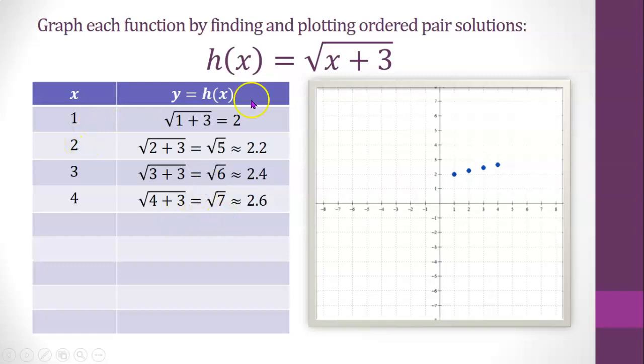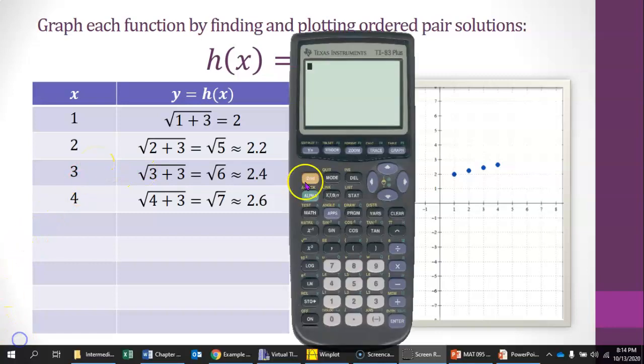If x is 2, 2 plus 3 is 5 under the square root sign, and then the square root of 5, well, it doesn't come out to be a nice whole number. My calculator tells me that the square root of 5 is 2.236067977, and really it keeps on going after that.